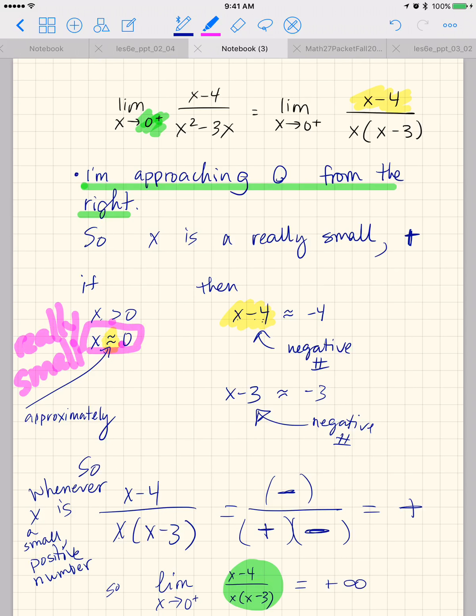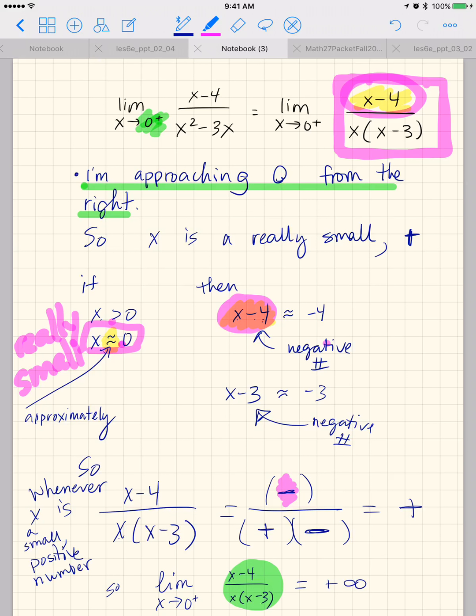Then I figure out what happens with each of my products and quotients over here. So I've got x minus 4. And I say, well, what happens with x minus 4? Okay, x minus 4 is going to be a negative number. And I put that here, right? So x minus 4 is going to be negative.